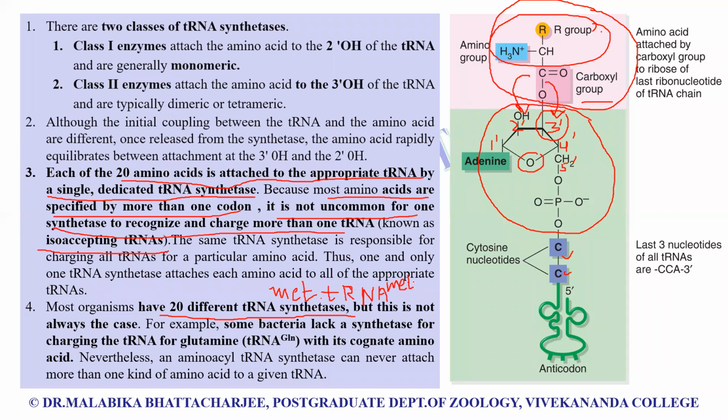Keep this in mind, there's a dot here, okay? This portion of the nomenclature indicates that this tRNA is for methionine. And this portion of the nomenclature indicates that to the tRNA for methionine, the methionine amino acid has been added.